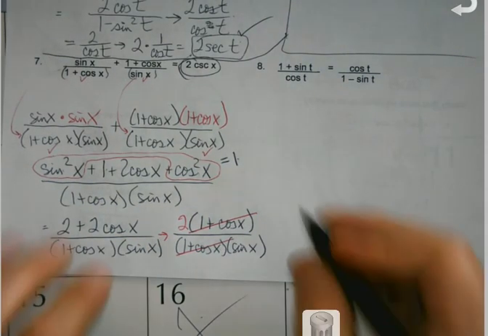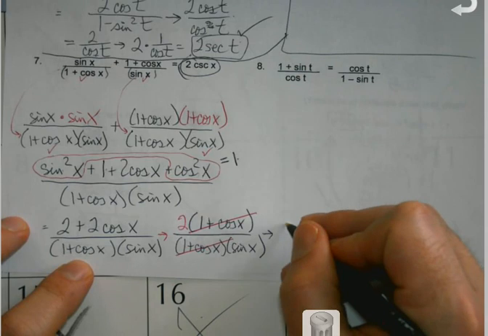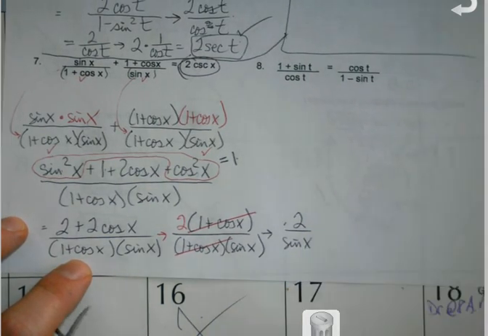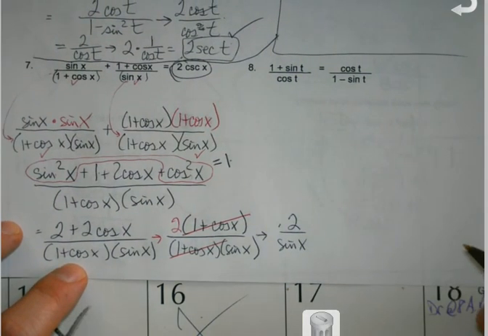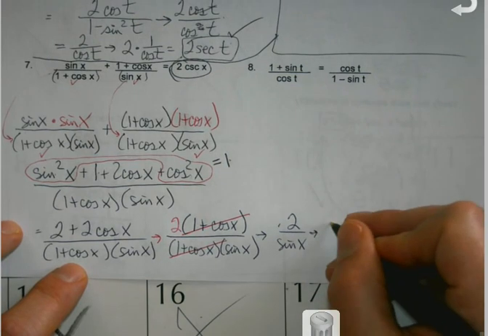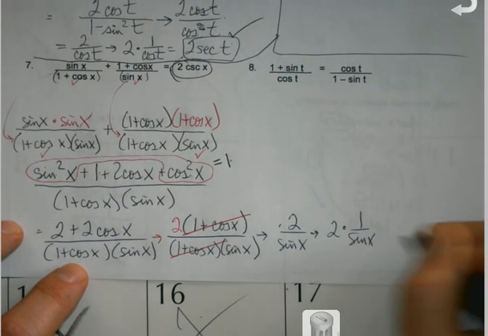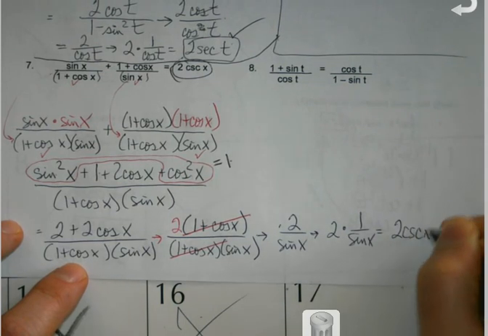And we're going to use the same trick we used in the last one. I have 2 over the sine of x, but we said before I can pull that 2 out front, and 1 over sine of x is cosecant.